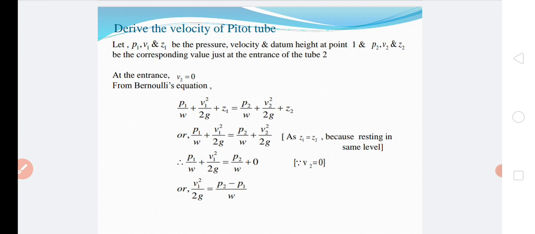So we can write from Bernoulli's equation: P1 by W plus V1 square by 2G plus Z1 equals P2 by W plus V2 square by 2G plus Z2. Or P1 by W plus V1 square by 2G equals P2 by W plus V2 square by 2G, as Z1 equals Z2 because they are at the same level.